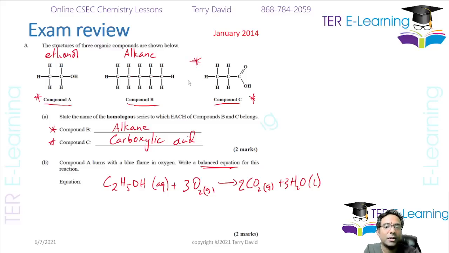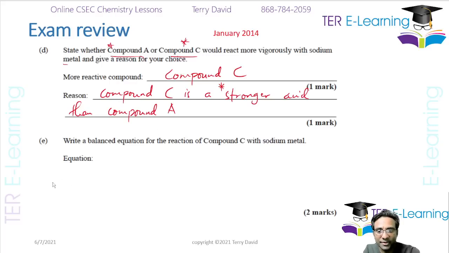I typically draw the structure and try to draw the reaction. So what I'm having here is this. This is my acid, this is my propanoic acid, that's compound C. And I'm reacting that with sodium.